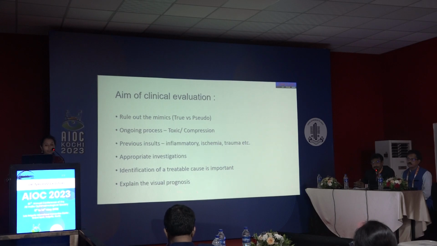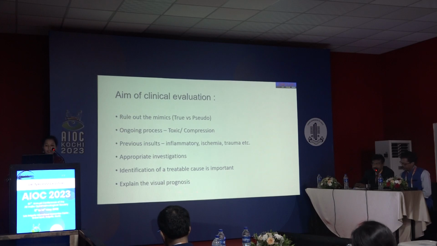Or sometimes the pallor may be because of a previous insult which occurred in the past, like a past episode of ischemic optic neuropathy or trauma. Like we had a patient who had a road traffic accident and a lower limb fracture. His attention was diverted towards the limb fracture and he didn't realize the diminution of vision.